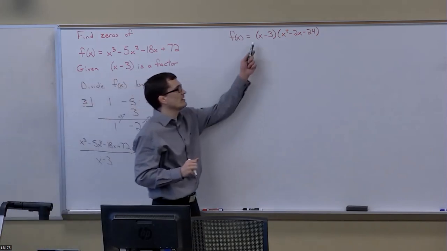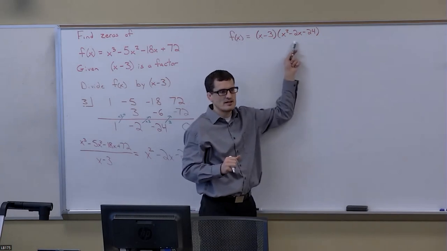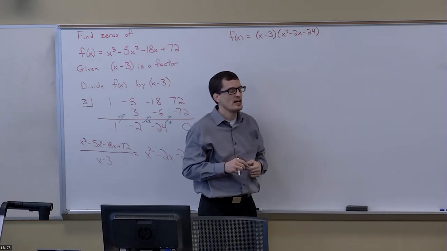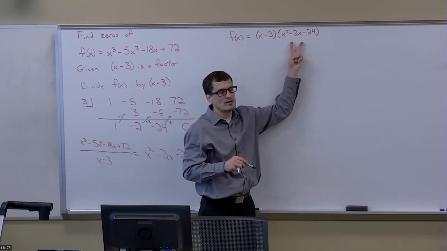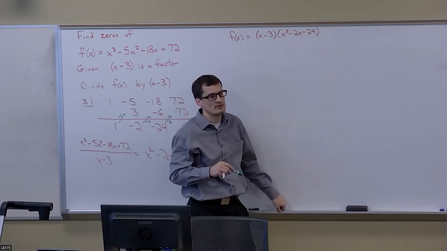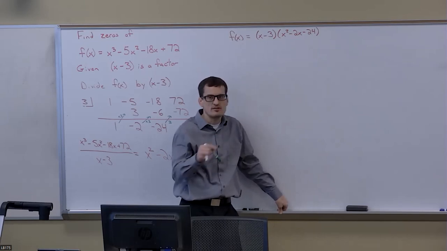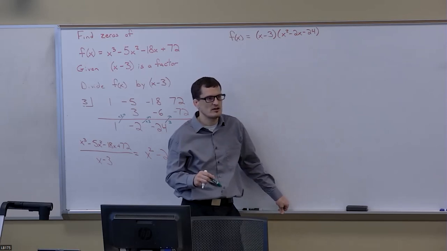Now I have a linear factor and a quadratic. So what I'm going to do in this case is ask, how do I factor a quadratic? Or how do I find the zeros of a quadratic? That takes me back to solving quadratic equations, which we just did.